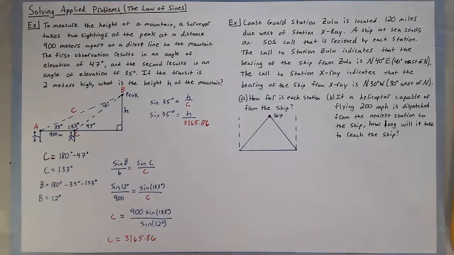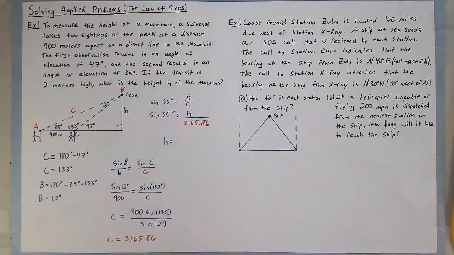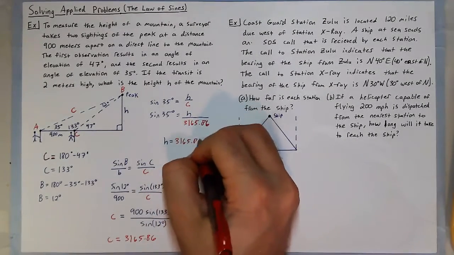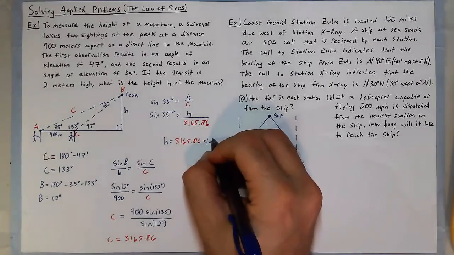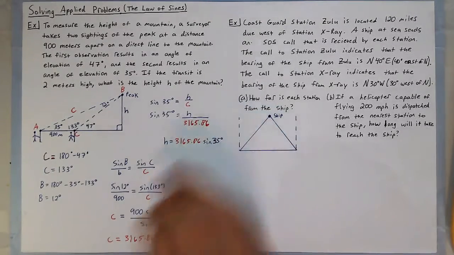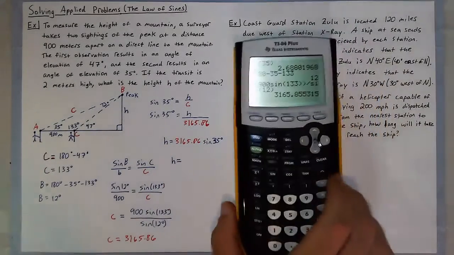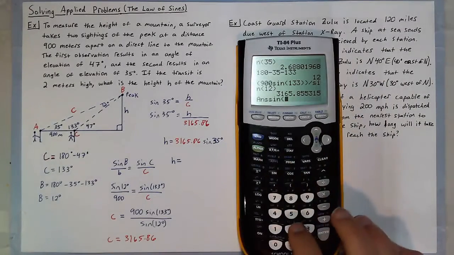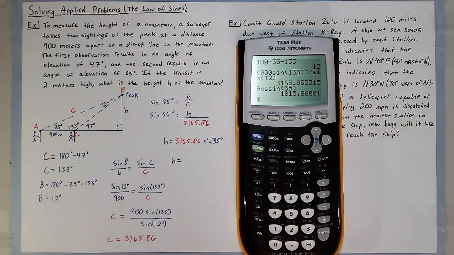And then multiply each side by that number, I get that h is equal to 3,165.86 sine of 35 degrees, giving me the height of the mountain as 1,815.86.